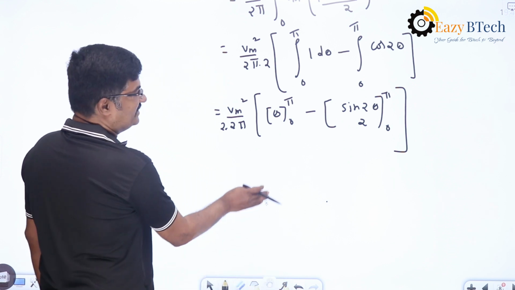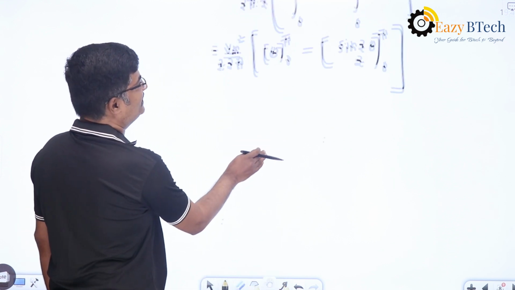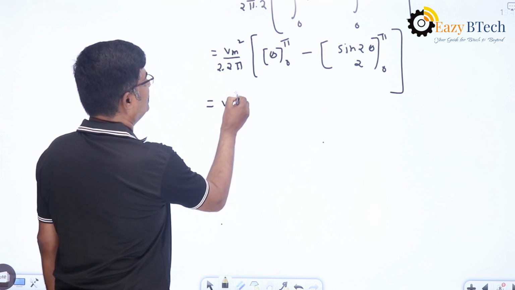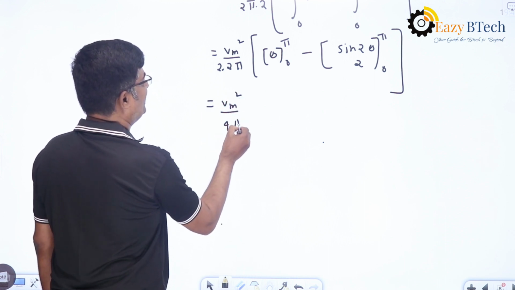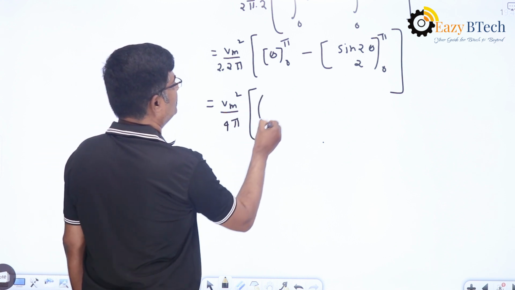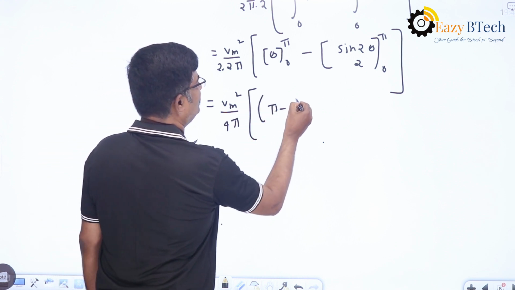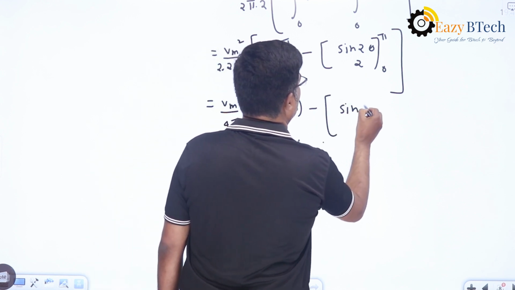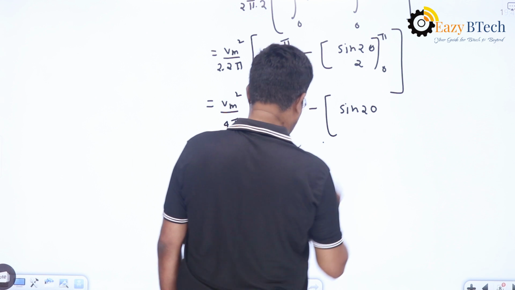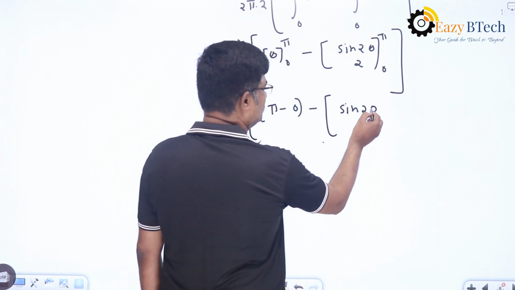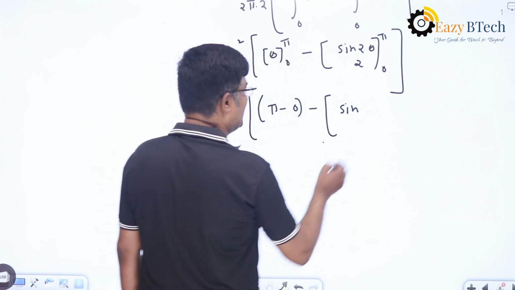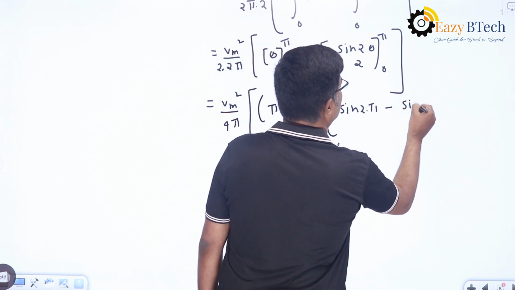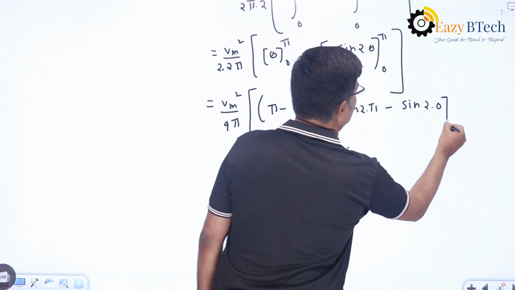Now, when I am substituting the values here, what will I be getting? Simply, listen here. I am getting this as Vm square by 4 pi, here pi minus 0 minus sin 2 theta. In the place of theta, I have to substitute sin 2 into pi minus sin 2 into 0.